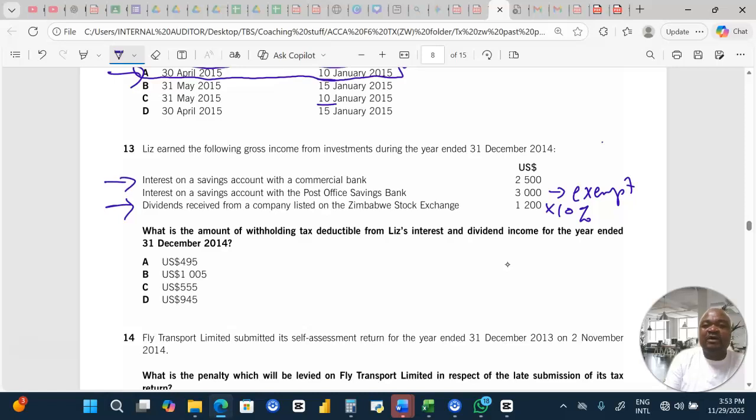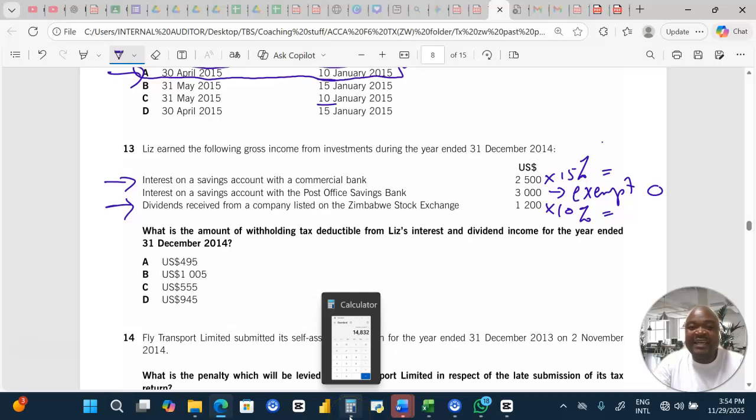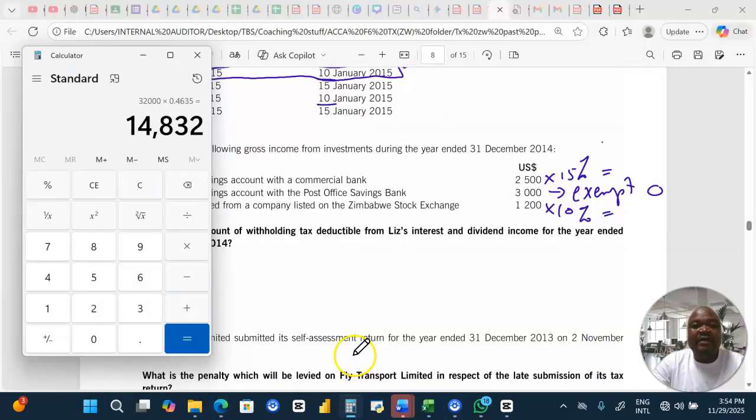Now for interest, we are going to apply 15%. So here we put a 0 because it's exempt. We don't withhold anything, but for the 2,500, the government is simply saying, hey, you need to invest with the POSB, the Post Office Savings Bank. Wow.